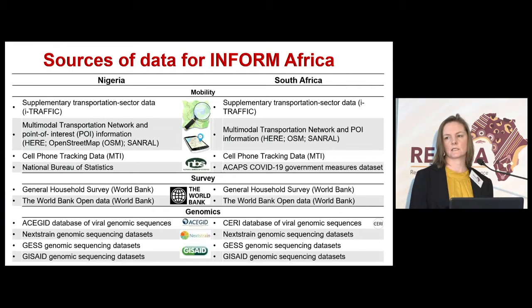There's also data coming from the World Bank surveys, which is open source data, and the genomics is coming mainly from ASCID and CERI. ASCID is a lab in Nigeria, and all of the sequencing information that is produced is uploaded into GISAID, which is available open source.